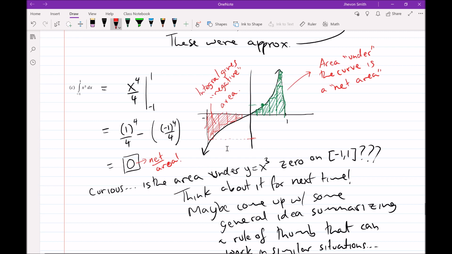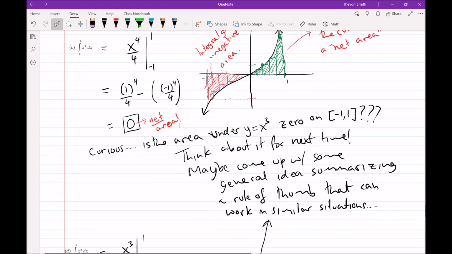And in fact, something else that we can add here is that if you're integrating from a negative number to a positive number of a function, and that function is an odd function, it will always give you 0.